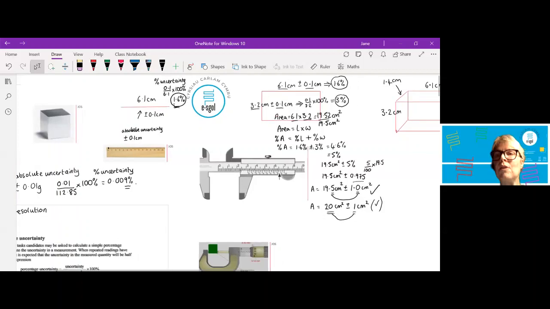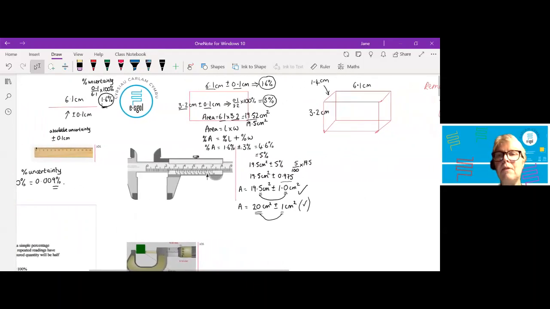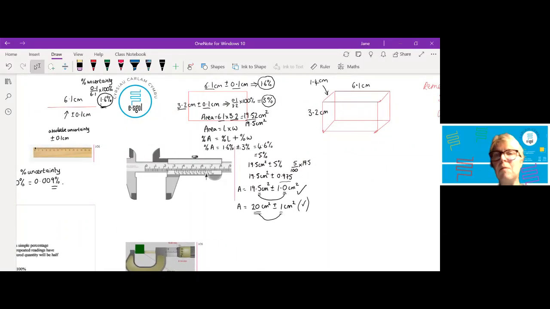So you can see what's going to happen if I have my volume. We know that volume equals the length times the width times the height. We've already got some of these percentages, so it's not going to take too much of a jump to go to volume now.